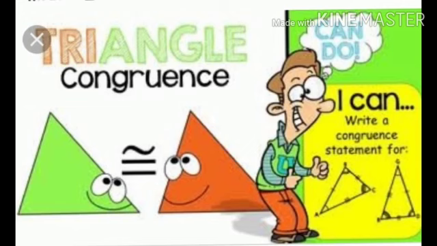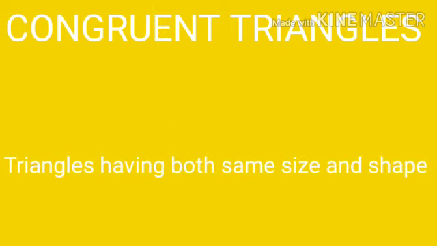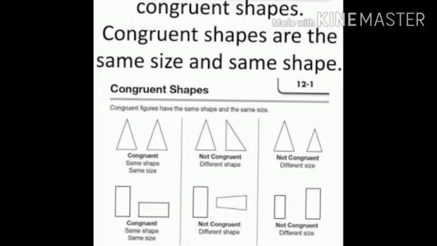Okay. Using this concept, let's see the definition of congruence, especially for triangles. Congruent triangles means triangles having both same size and shape that we learned. Now listen some more figures. Here there are 6 figures given.